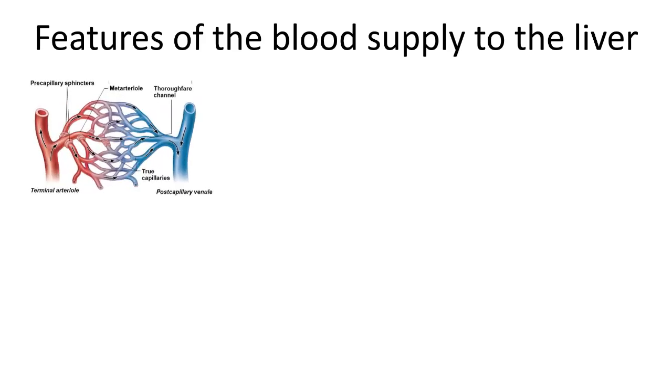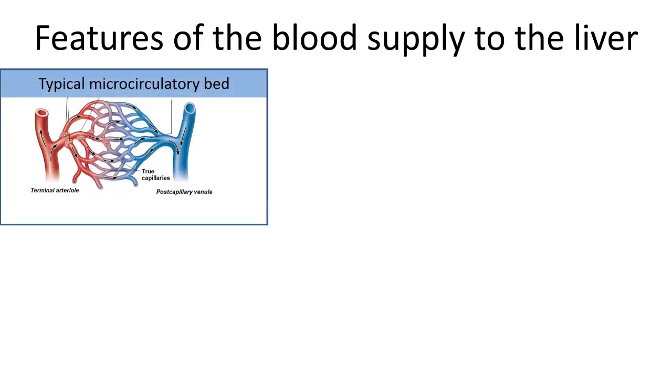To understand it, let's remember the typical microcirculatory bed which takes place in muscles, in the wall of the gut, in interstitial space, and so on.